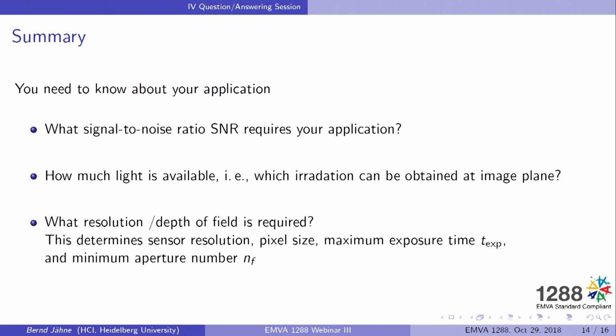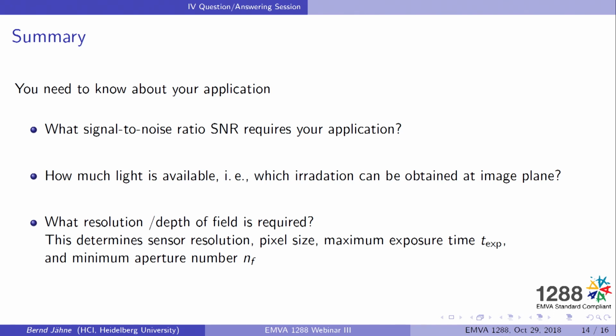So that if you know this, you can also immediately look up in the data sheets whether this is possible to do. And finally, there are all these complicated questions with resolution, depth of field, and all these kind of things. Why is this important again? It's important because the required resolution, the required depth of field in your application determines basically what kind of aperture setting you can use, what kind of pixel size is best for your application.